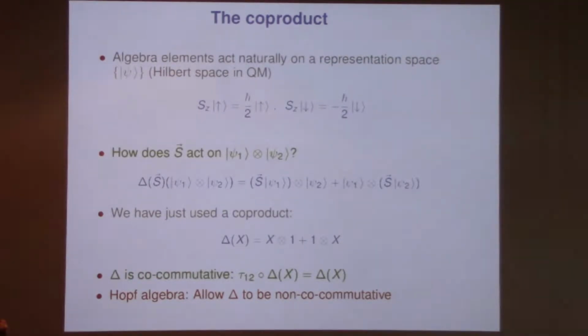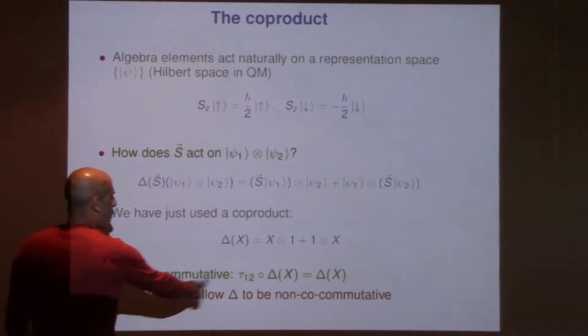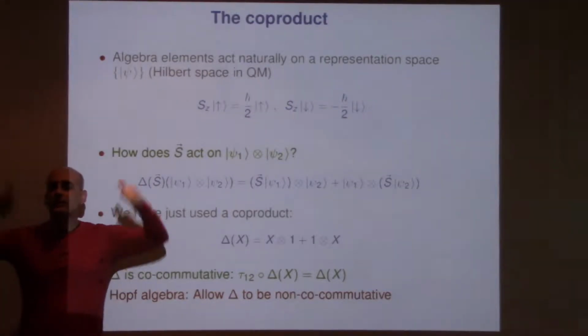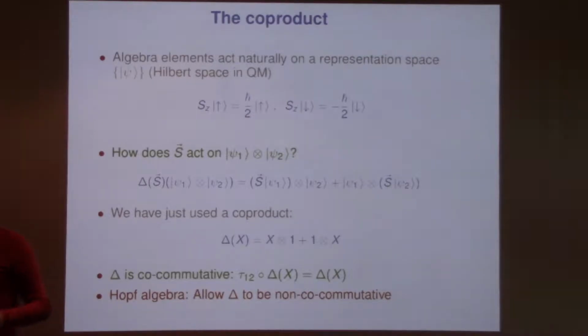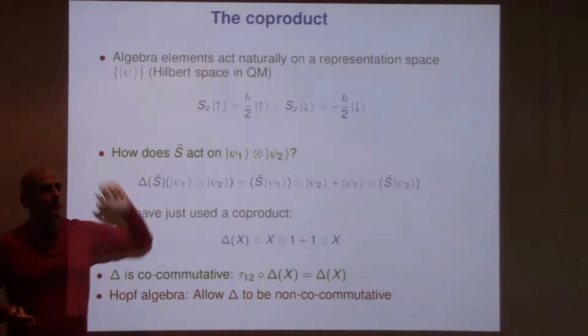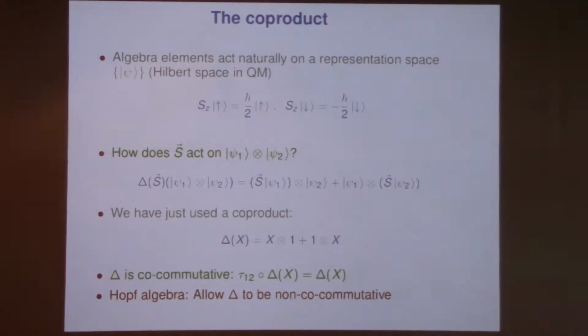Now, the interesting feature from my perspective about this, which is somehow very well understood, is that this is co-commutative. Now, co means something that has to do with the tensor product structure. This is not a normal product. The product is when you multiply Sx times Sy or Sz times Sz in the same copy of the space that you're acting on, so basically the same copy of the algebra.